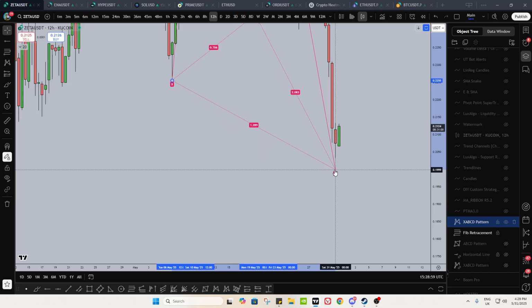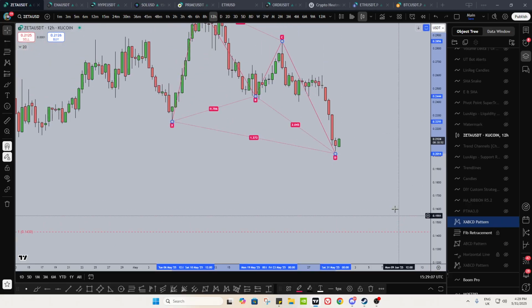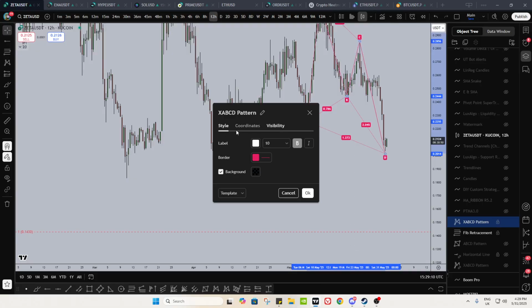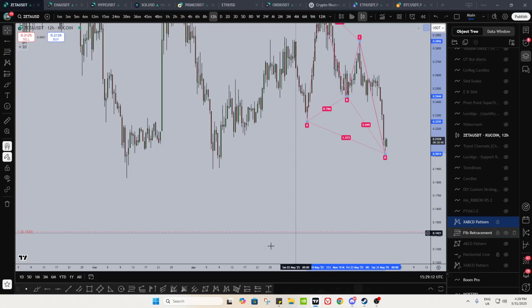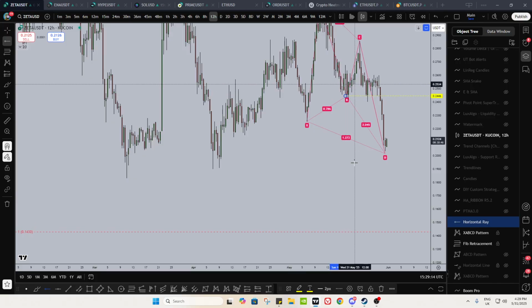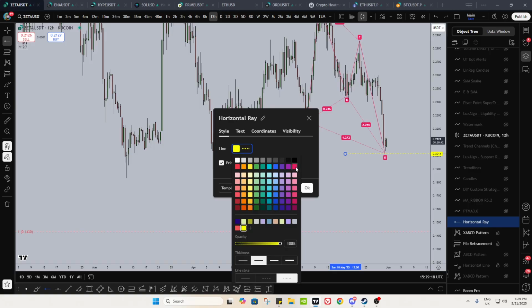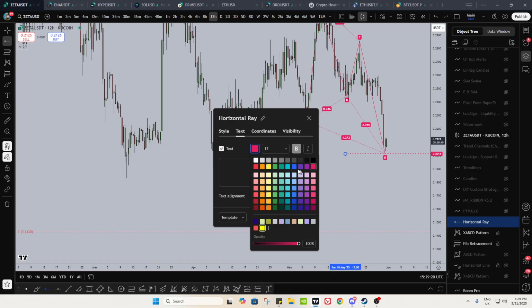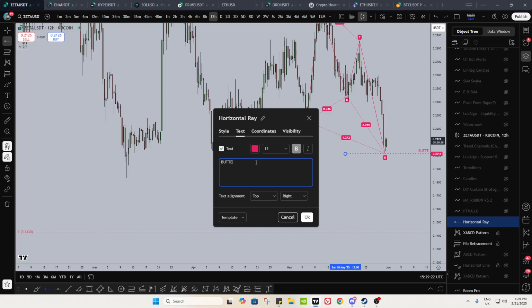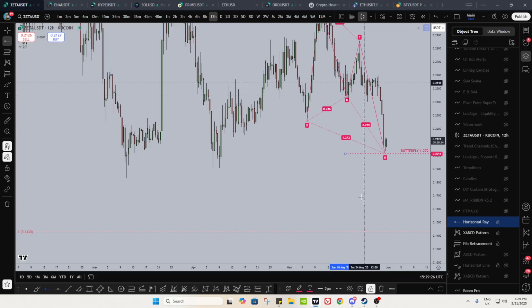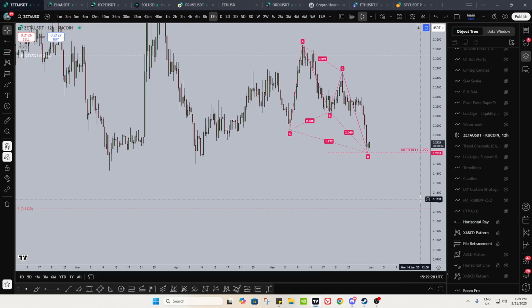Okay, so for now I'd say 1.272. As long as you're above this on Zeta for now, I'm going to say you'll be fine. If it holds, then you at least get a reactionary pump back to the upside. Let's just make it pink. So this is your butterfly 1.272. There we go. I'll treat that like a line in the sand for now.